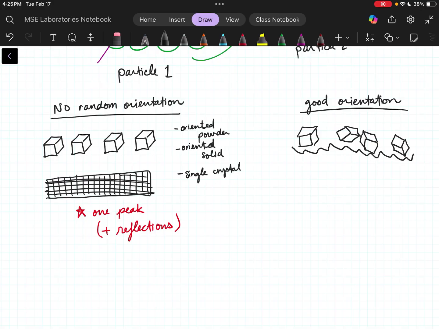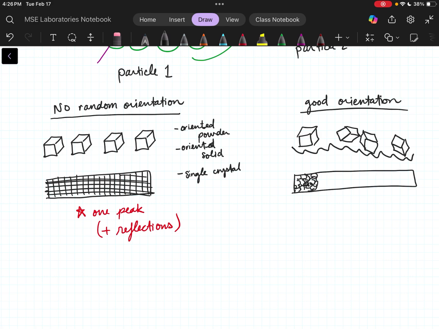And usually this is going to be accomplished by putting them on a surface that's kind of bumpy. Because salt, like I said, if I put it on a very flat glass slide or something, it's going to just orient itself. So I put it on some sort of bumpy surface.